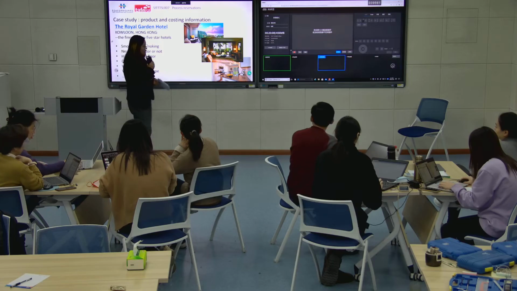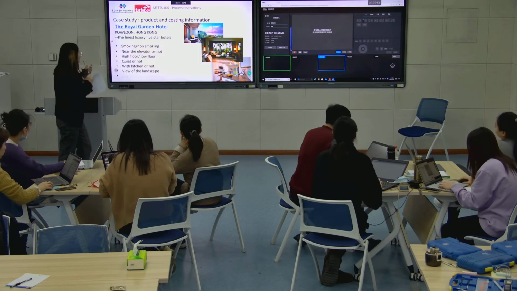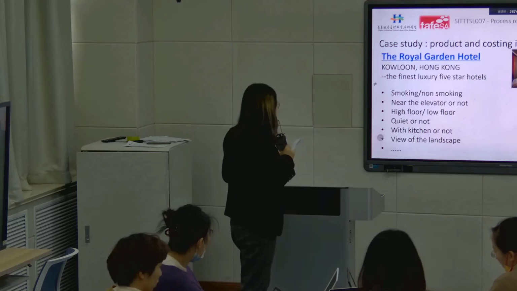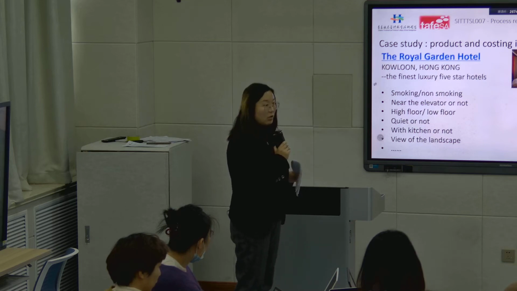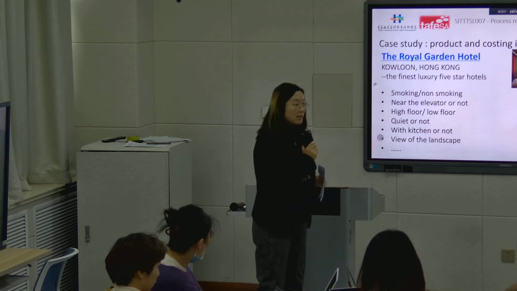And besides the room types and the room type code, we also need to know some features of the room, such as smoking, non-smoking, near the elevator or not, quiet or not. Because we know the room near the elevator is noisy.